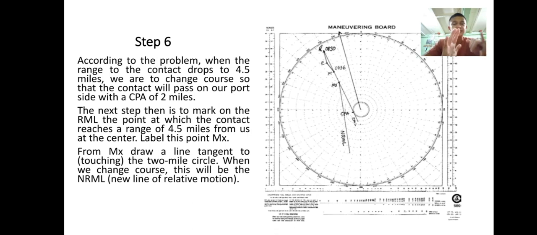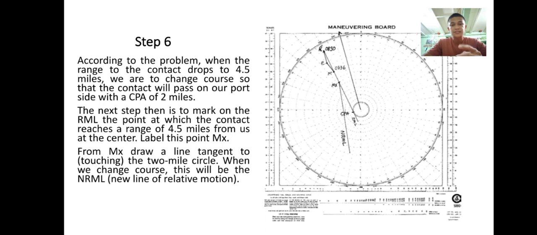The sixth step is, according to the problem, when the range to contact drops to 4.5 miles, we are to change our course so that the contact will pass on our port side with a CPA of 2 miles. The next step is to mark on the RML the point at which the contact reaches a range of 4.5 miles from us at the center. Label this point MX.